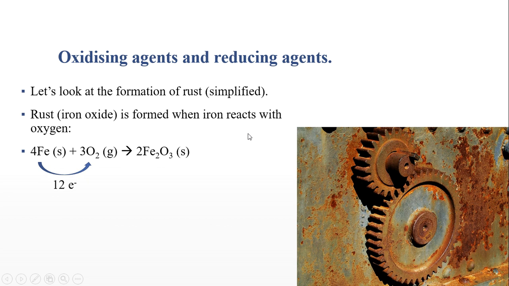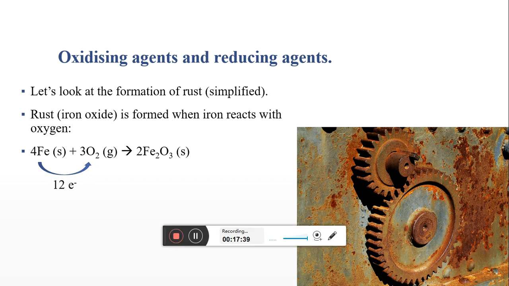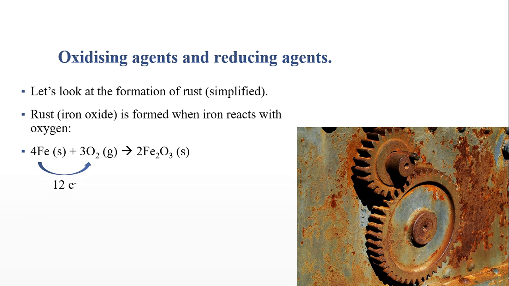If you use the principles we've gone through, you will see that we need 12 electrons being transferred from iron to oxygen. Why? Well, that's because if you look over here, we can see that the iron will have a 3+ charge in this compound. Each oxygen has a 2- charge.